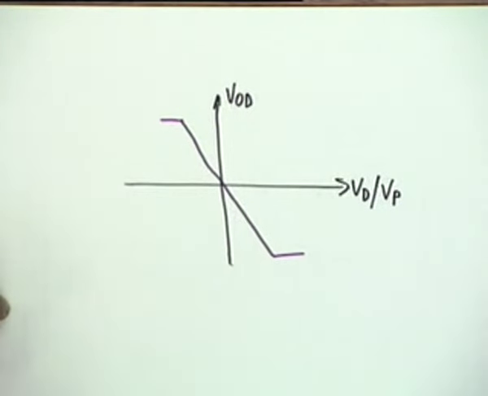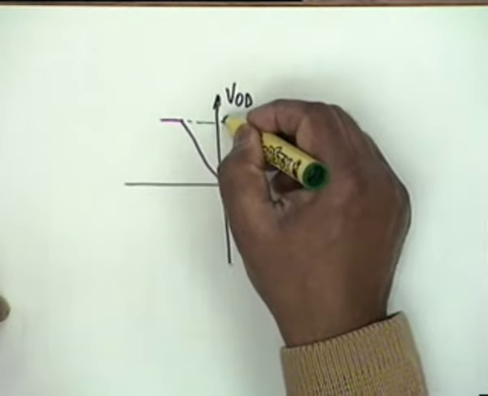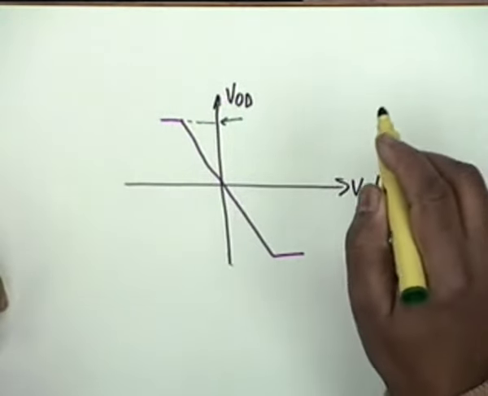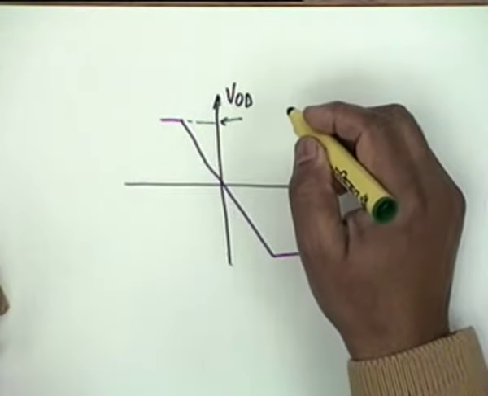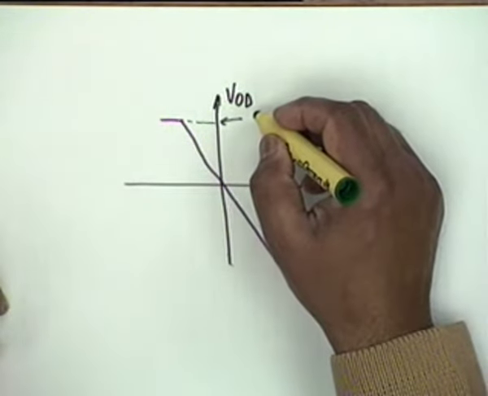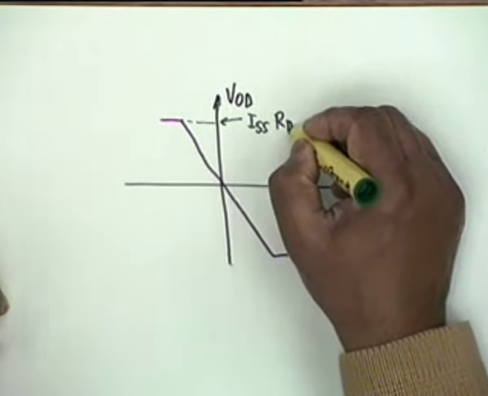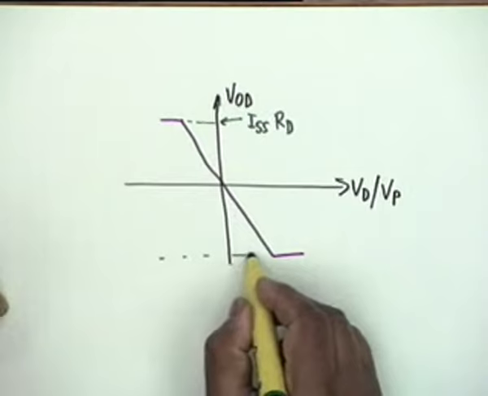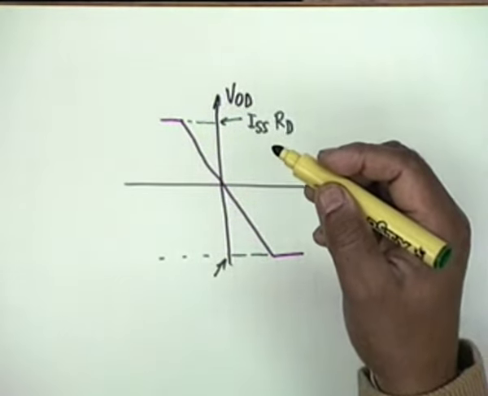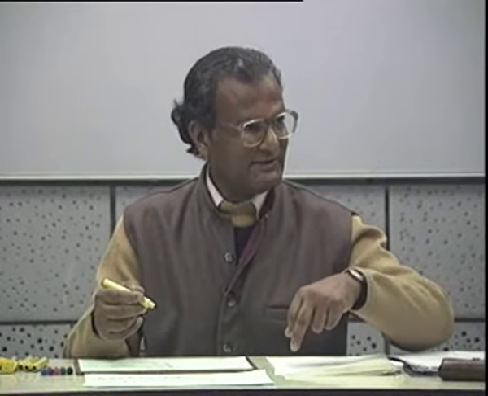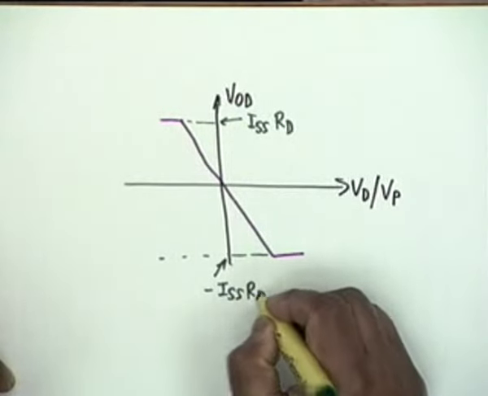It's very nearly linear, and this voltage, can you guess what this voltage would be? No? Pardon me? ISS times RD. And this voltage, in the BJT case, it was IEE times RC, and the other one was minus ISS times RD.